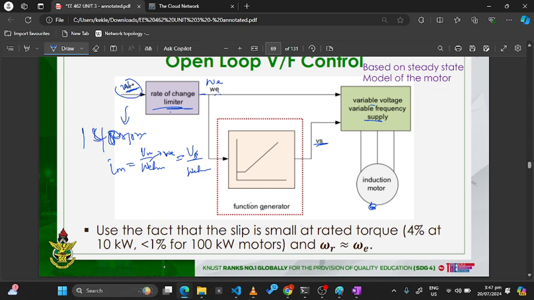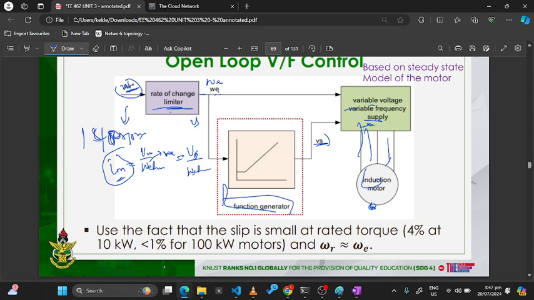So that Im will remain constant, because you've requested Vm here, there should be a corresponding Vs that will keep Vm constant. That will be generated by this function generator. Then it feeds that Vs to the variable voltage, variable frequency supply. Then that is supplied to the induction motor.